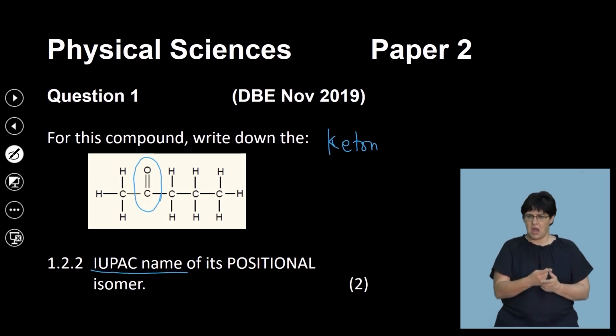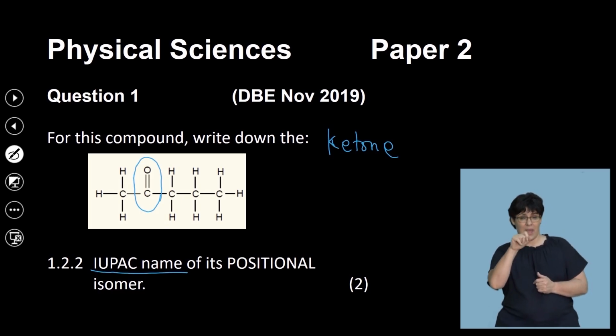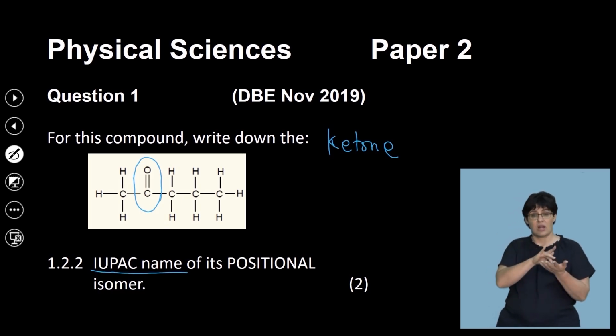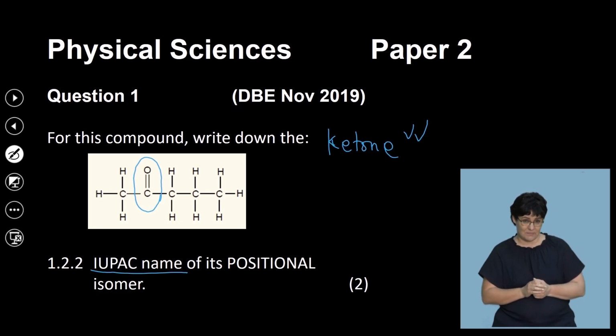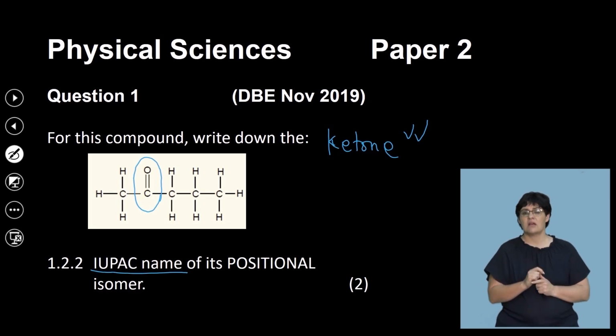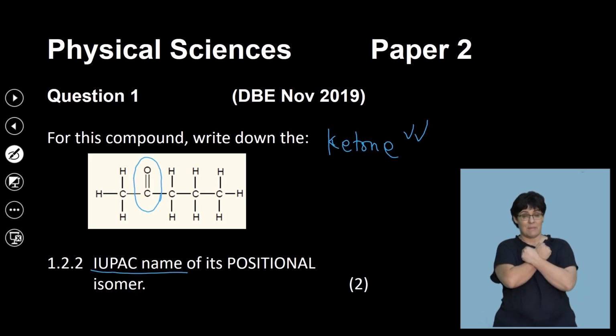Now, if we are to write an IUPAC name of its positional isomer, this positional isomer should belong to the same homologous series, but differ in the position of the functional group in the parent chain. What can happen here is that we can shift the position in the parent chain, and there's only one possibility, which we have in this case.